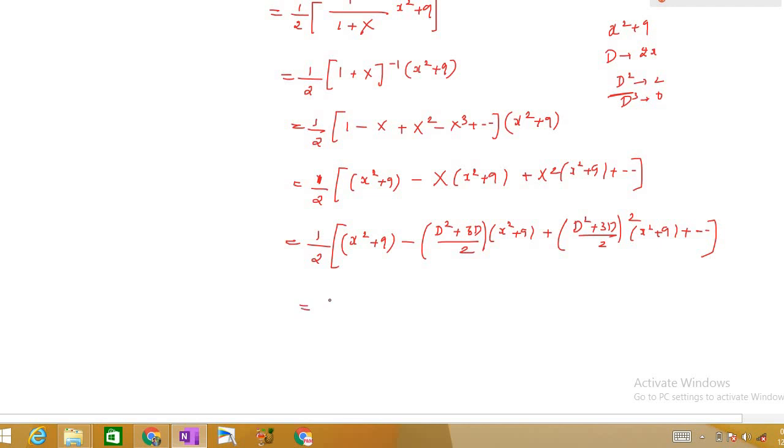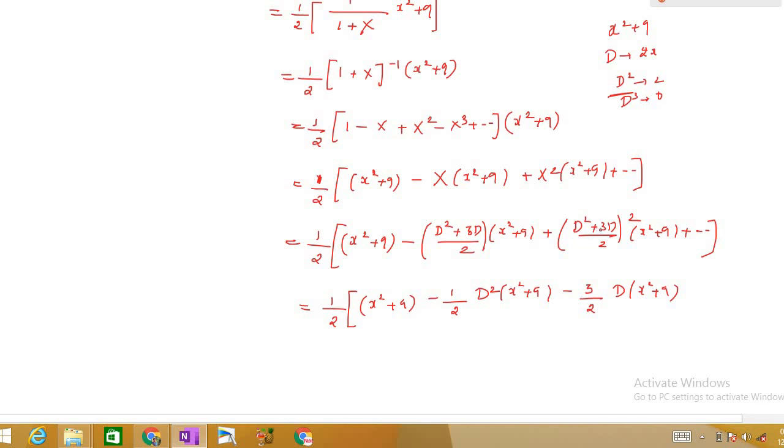What I can do is this 1 by 2 (x square plus 9). If I differentiate this, we'll have 1 by D square of x square plus 9 minus 3 by 2 D of x square plus 9. If I expand this, first you will have a square. So a square is D power 4, so we don't need to write that term.